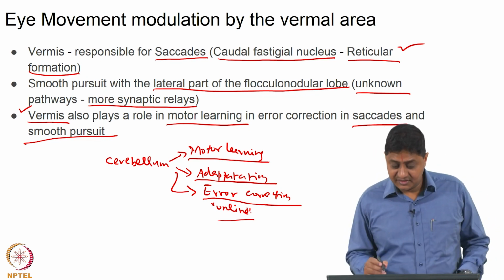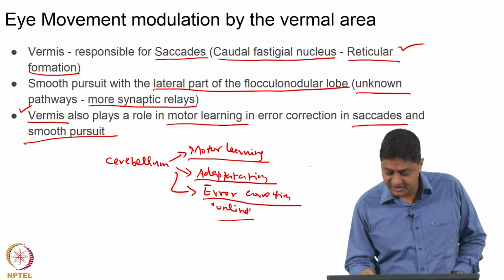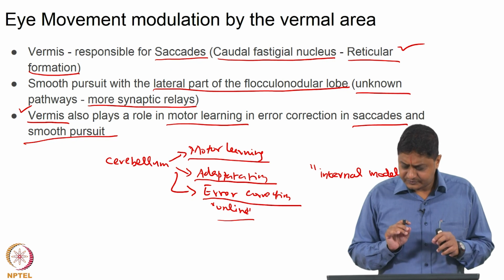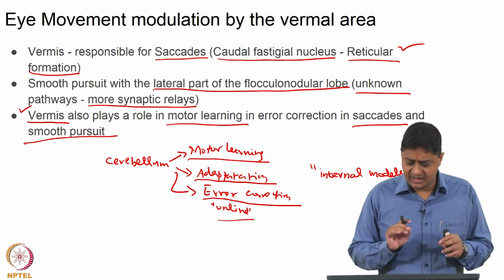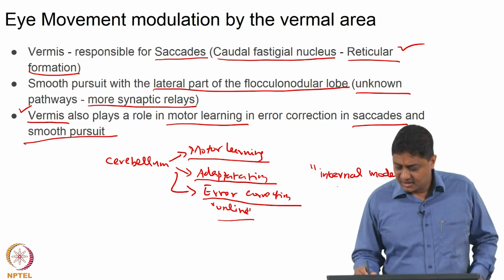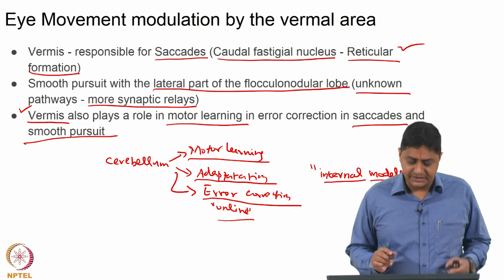At least one controversial hypothesis about the function of the cerebellum is that it works through the use of internal models. This is an interesting but controversial hypothesis that the system somehow controls specific aspects of movements, and learns and unlearns specific aspects, through these internal models.